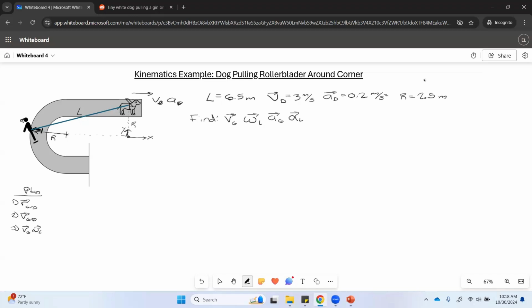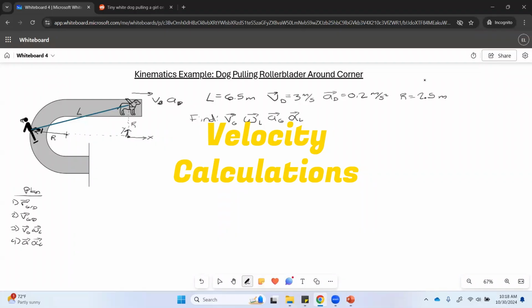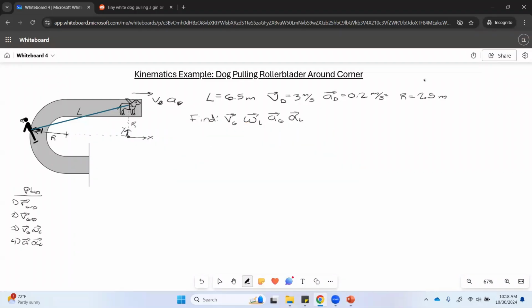So those both will happen at the same time using the general planar motion formula for velocity. And then we can do acceleration of the girl and angular acceleration of the leash using the general planar motion formula for acceleration. Because these are vectors, we'll get an x equation and a y equation for each. And so we can solve those two equations for two unknowns. Step one, we need to find distance.